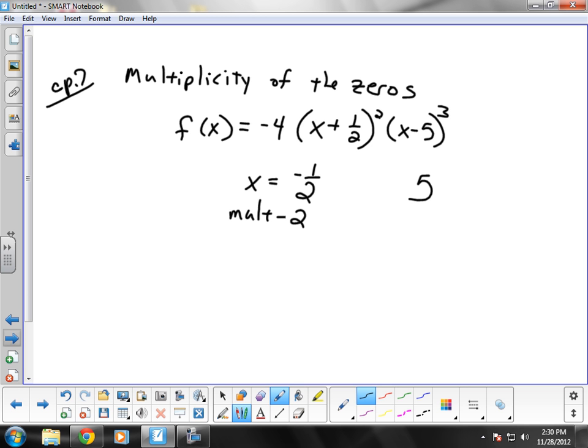Multiplicity is 2 because that term is squared. It means that -1/2 happens twice if I listed it out. And this 0, x equals 5, has a multiplicity of 3. So what does that say to you in terms of the graph? Well, it bounces off at -1/2, and it's going to cross over at 5. Good.